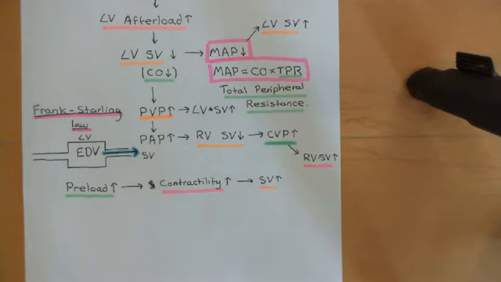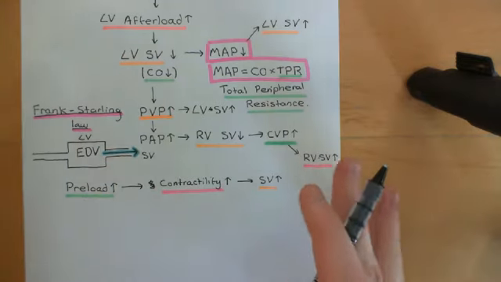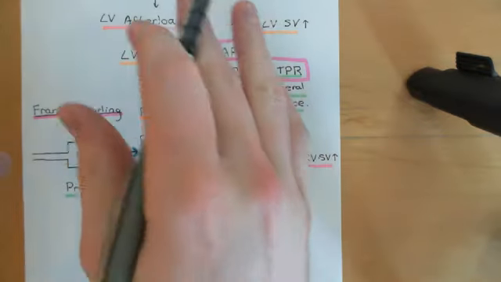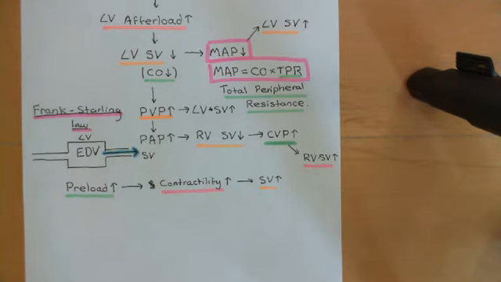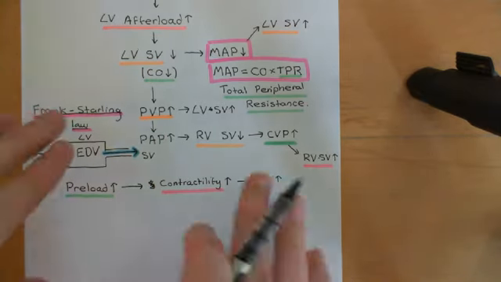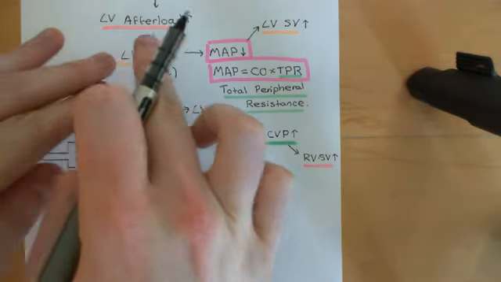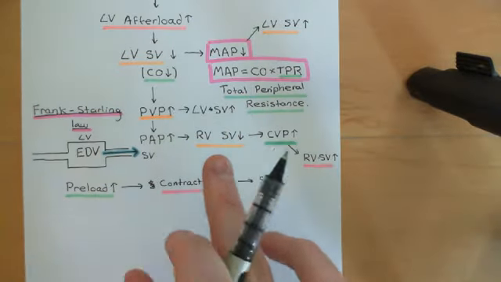Basically, to summarize, if you have no neurohormonal mechanisms, and unfortunately you do, this is what the heart would do. If you have chronic hypertension, yes, it would decrease the stroke volume of the heart slightly, but not as much as you would initially think, because a new equilibrium would be formed.